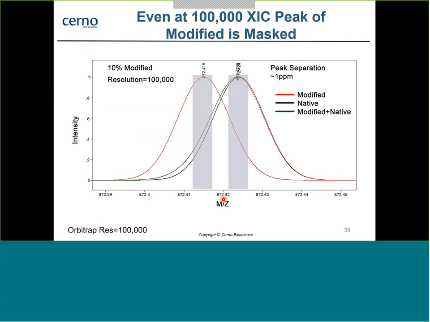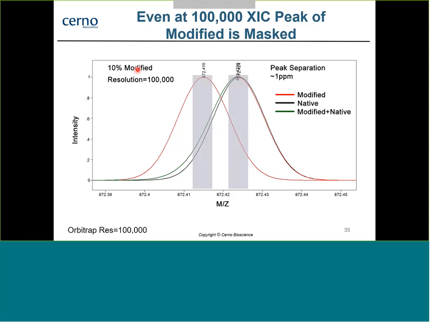Okay, so what happens if we go to a mass spec resolution of 100,000? We were running the example that we showed previously at 35,000. So here we have the same two plots, but now the line width represents what one would see in the profile for 100,000 resolution. So the red is again the modified form, and the black is the native form.